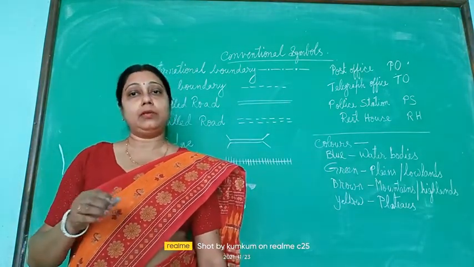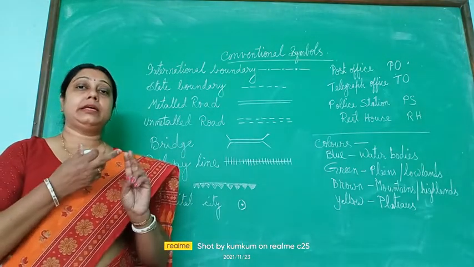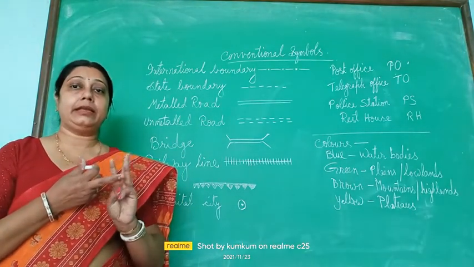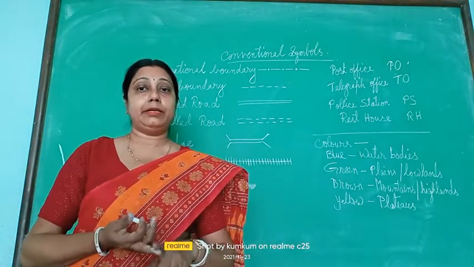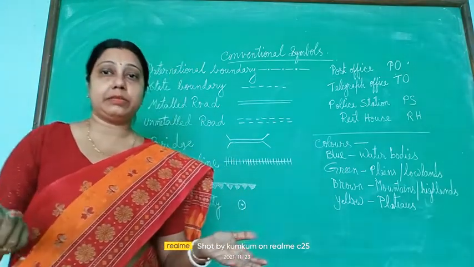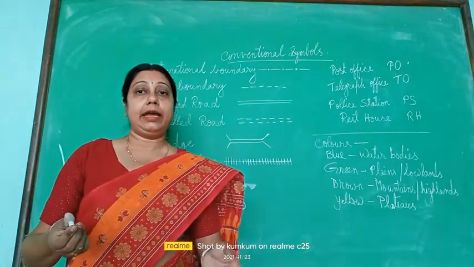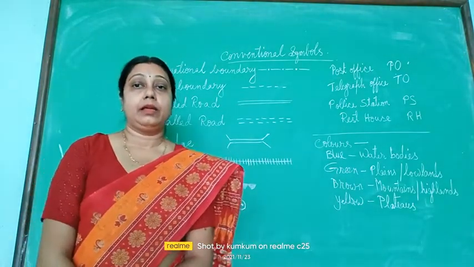Now there are various types of maps we have studied already: political maps, thematic maps, and physical maps. Political maps mainly show the boundaries, international boundaries, state boundaries, and the places of every country.